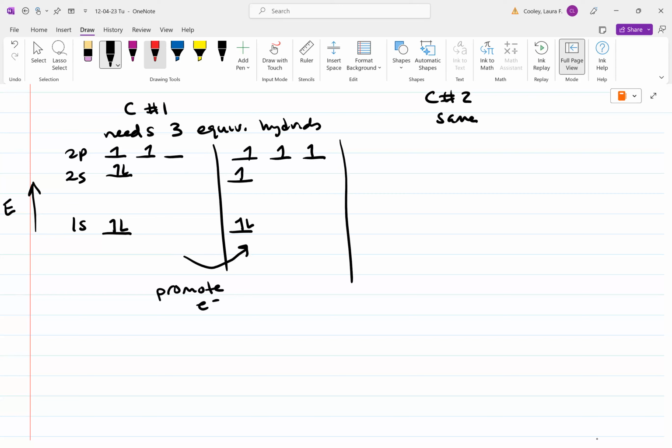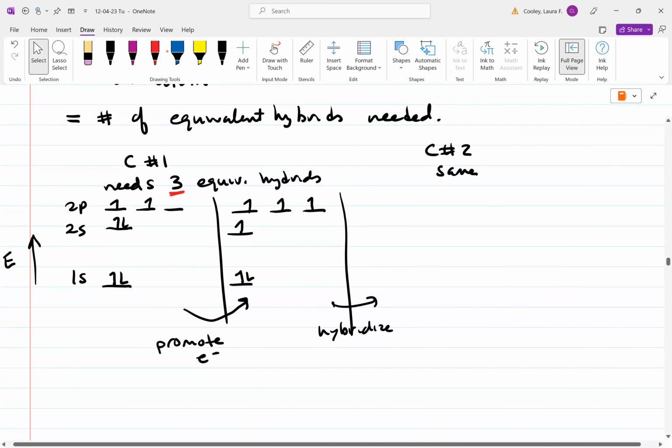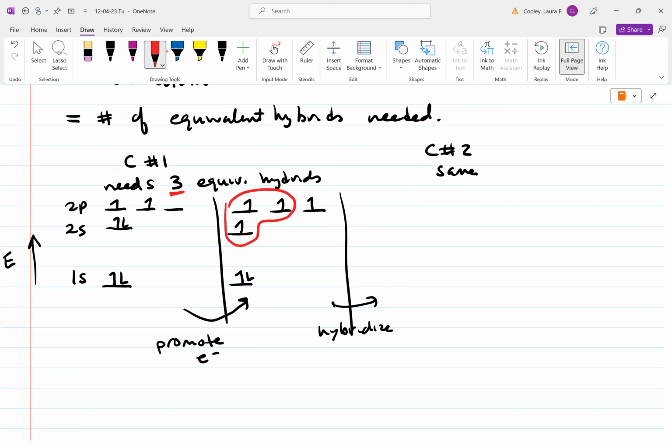Okay, now we hybridize. Now, before we needed 4 equivalent hybrid orbitals. So we combined all 3 of the 2p's and the 2s. But here we need 3. So we're going to take the 2s and only 2 of the 2p's. What do you think we're going to call those hybrids?